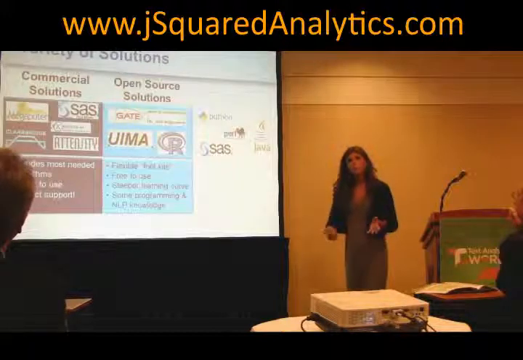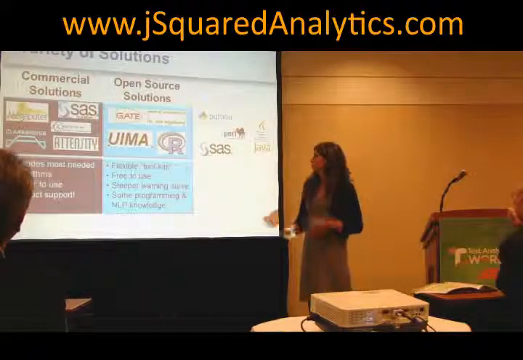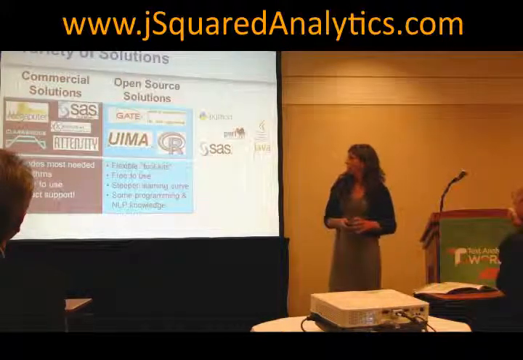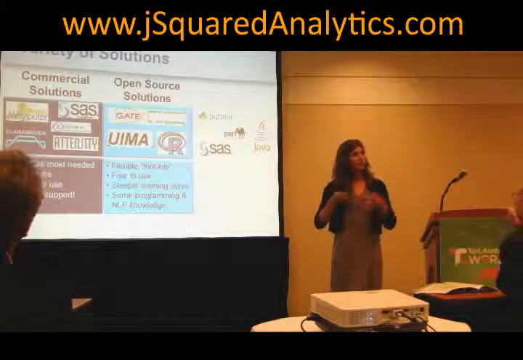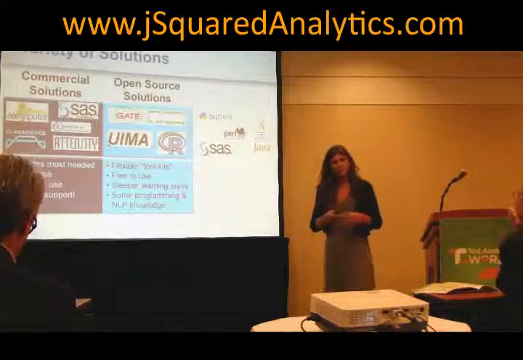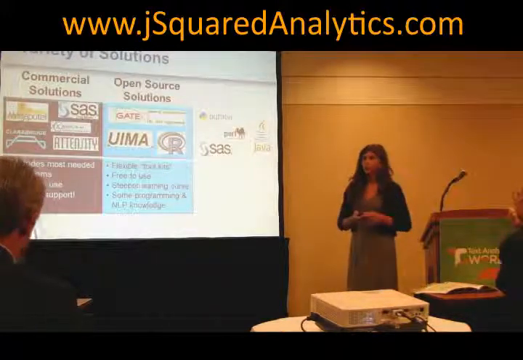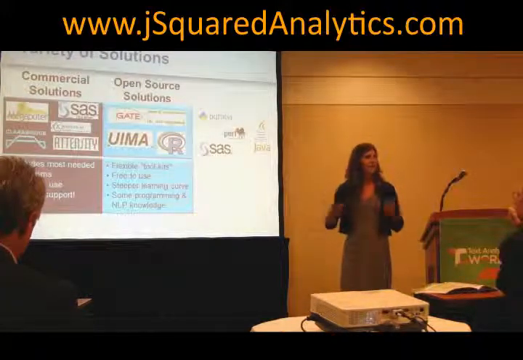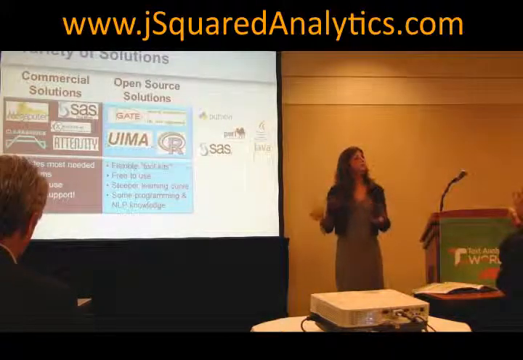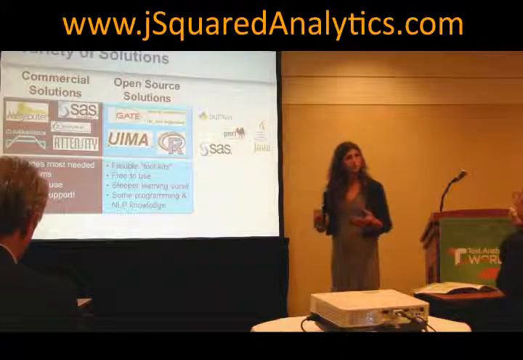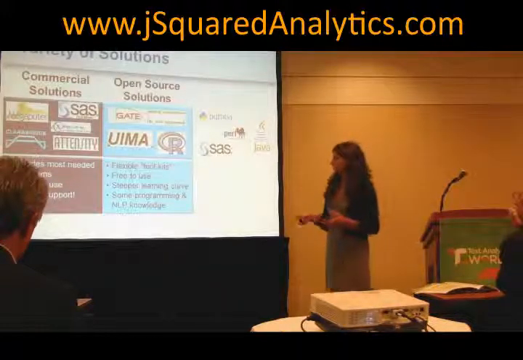In the center, we're going to talk about open source solutions. These are what I would call toolkits. They basically have text mining components or packages or functions that perform typical tasks. They're not necessarily an end-to-end solution, but they give you a bunch of tools to use, and then you have to stitch those tools together to make your application to solve your problem. So they're sort of in the middle, right?